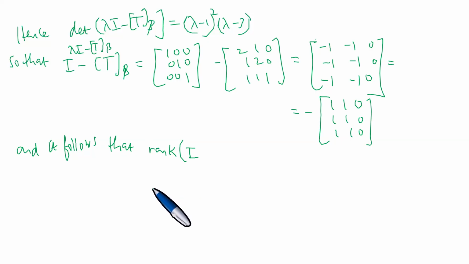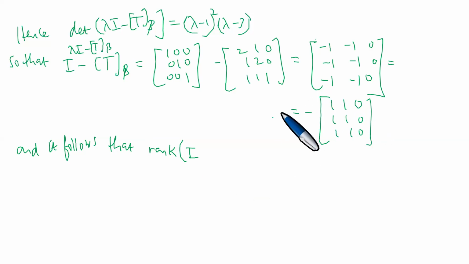Thanks. Goodbye. Right, so you have the rank. It follows therefore that the rank of this, in other words, we have taken lambda to be equal to 1. If you take lambda equal to 1 here, you put it here, it gives us this.